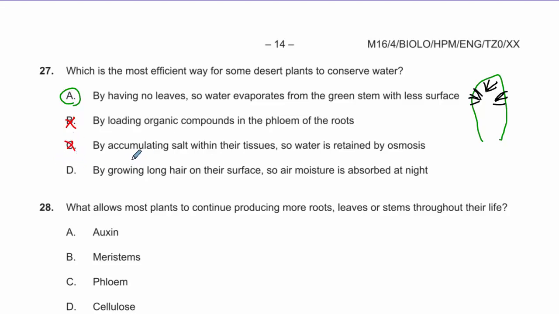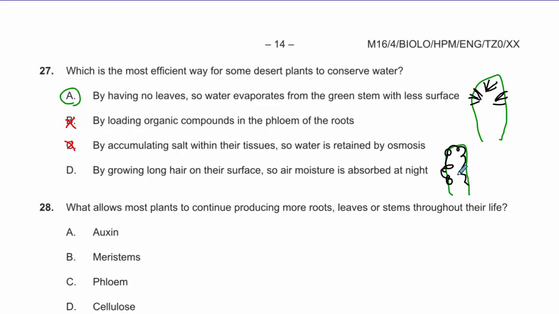D. By growing long hair on the surface, so air moisture is absorbed at night. And here they are referring to the old man of the desert from Mexico. So this old man of the desert has a lot of hair around it, but it's actually not for capturing moisture during the night. It's for stilling the air that flows over the open stomata during the day when it is photosynthesizing.